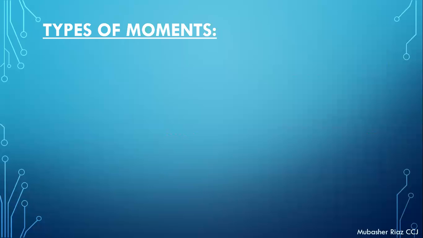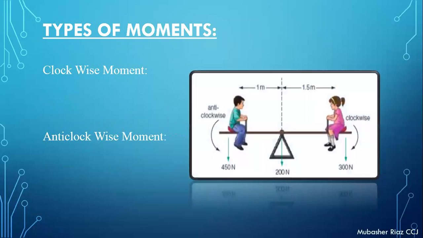There are two types of moments: clockwise moment and anti-clockwise moment. Anti-clockwise moment is also called counterclockwise moment. So these are two types of moments. For example, in this diagram, in this picture, there are two forces, 300 Newton and 450 Newton. 300 Newton is the weight of the girl, 450 Newton is the weight of the boy, and 300 Newton is producing a clockwise moment, and 450 Newton is producing an anti-clockwise moment.